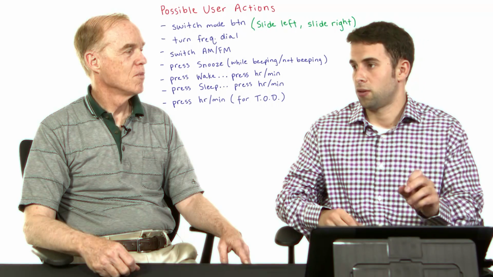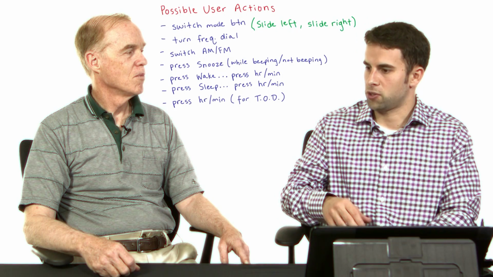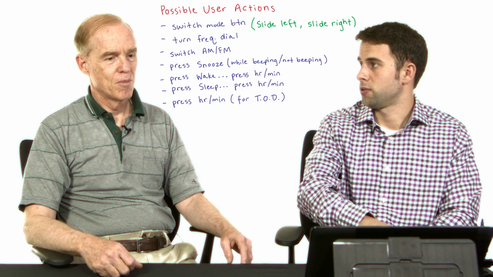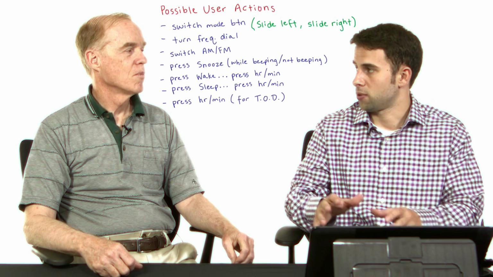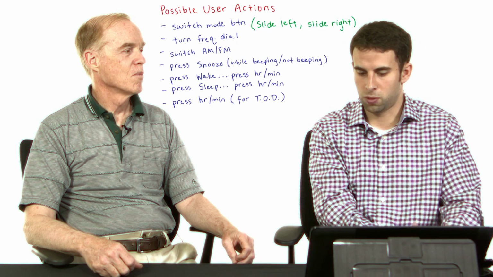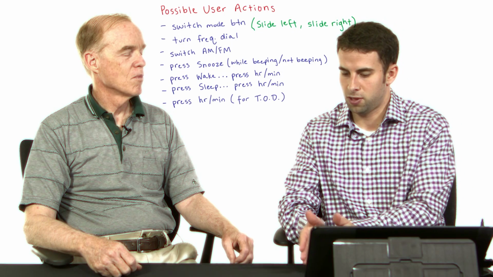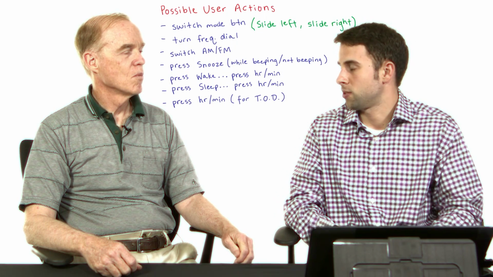So I feel like that's a separate event. And then there's like a conjoined event when you press the wake button and then you press either the hour or the minute buttons. Now you're going to be adjusting the display time. So you have switching modes from your display to wake, for instance, and then you have this separate case for actually changing the time.